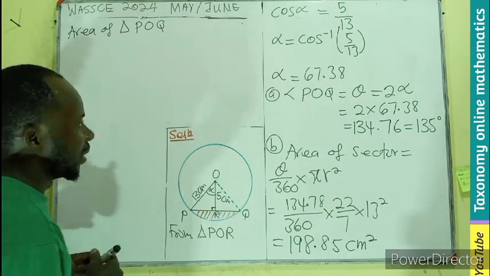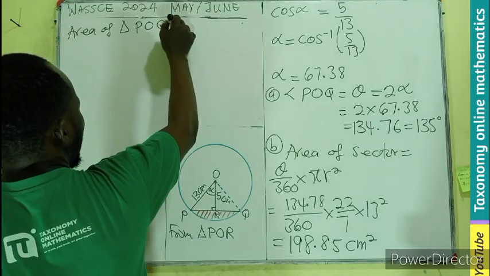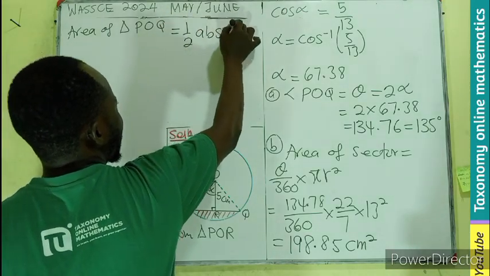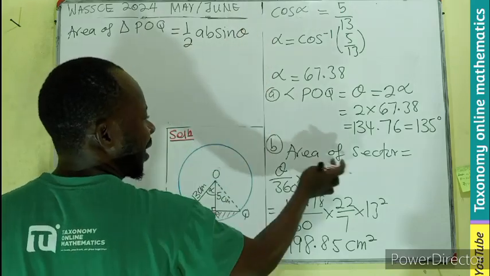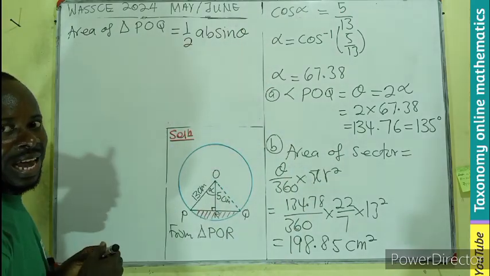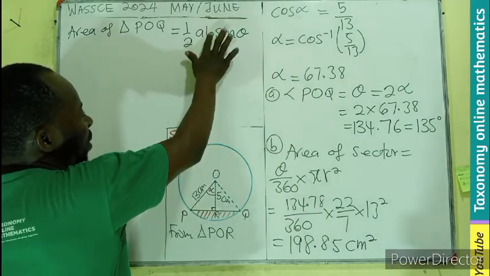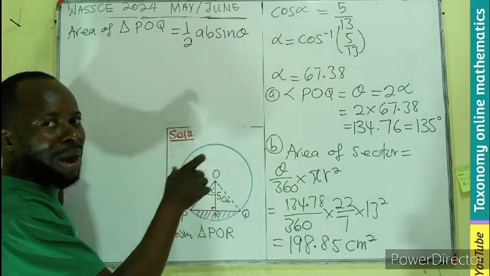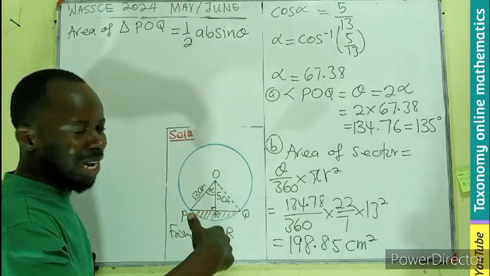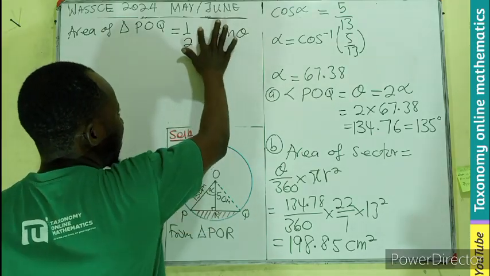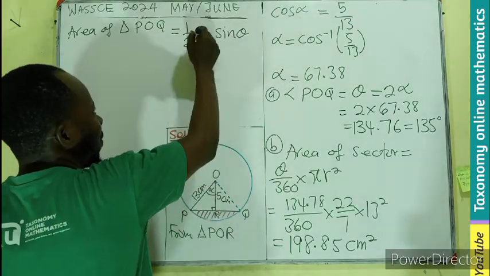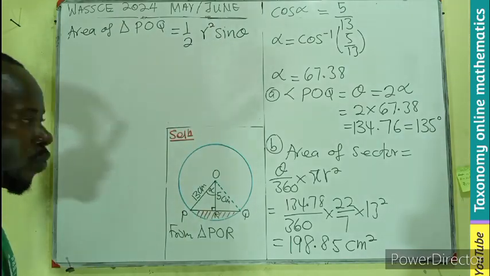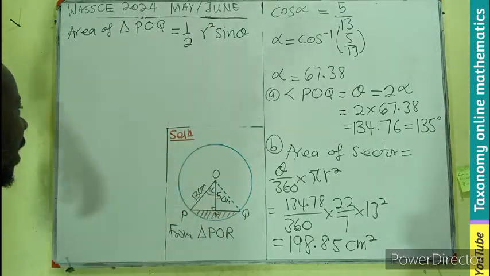I am not interested. So the area equals half ab sine theta, and theta is the angle formed at the center. The two lines that combine together to produce the angle are a and b. So a is r, b is r, therefore r squared.